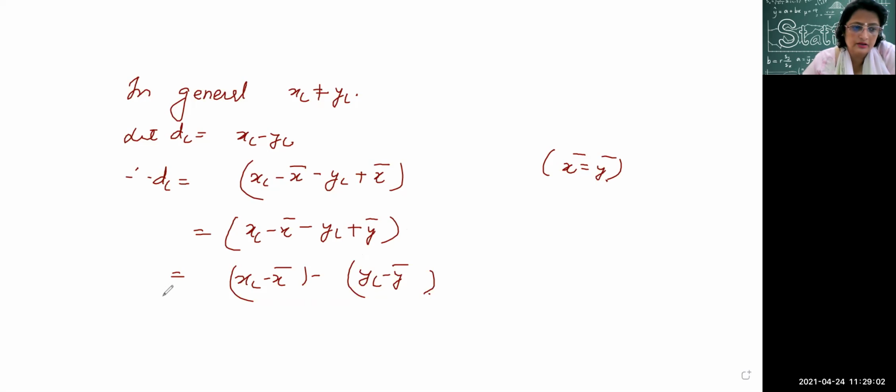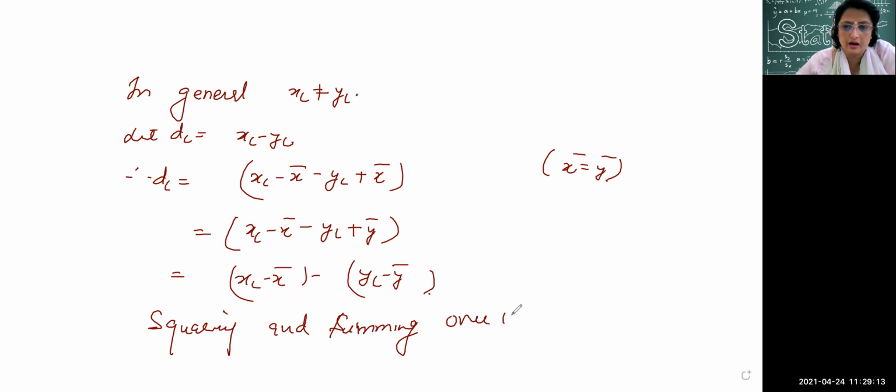So squaring and summing. We will do both steps together, squaring and summing over i from 1 to n. Squaring means di square, summing means summation i running from 1 to n.